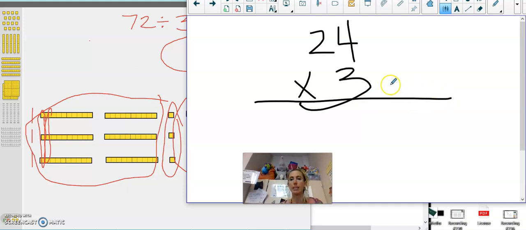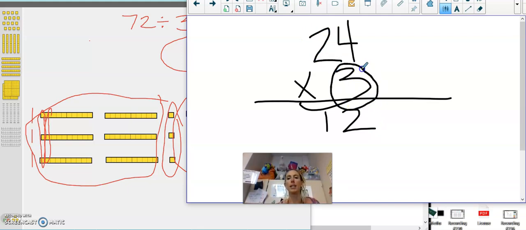Okay? All right, now, if the 2 wasn't there, we would just have 3 times 4. Yeah, simple. 3 times 4. 3 groups of 4. We've done this a lot already. That's 12. But that's not all there is. There was also a 2 up here. So the 3 needs to be multiplied with the 4, but then it also needs to multiply with this 2.